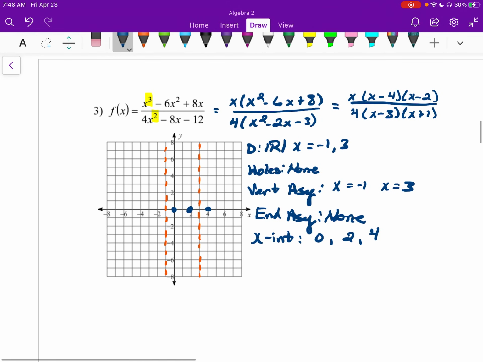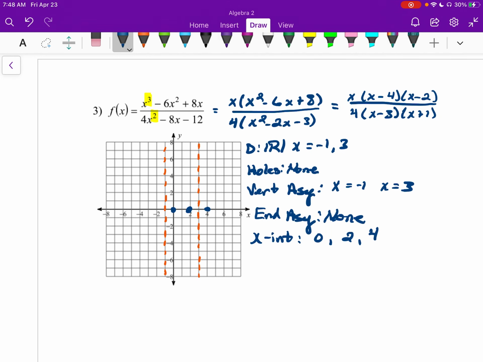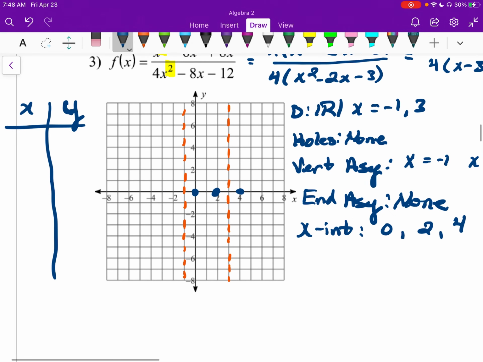All right, we've done everything that we can. Now, again, we need to do a t-chart. So I'll say x, y. Looking here on the left side of the asymptote, we don't really know what's going to happen there. So I'm going to plug in 2 different things into our chart. So I'll plug in -6 and -2.